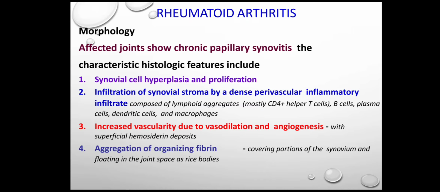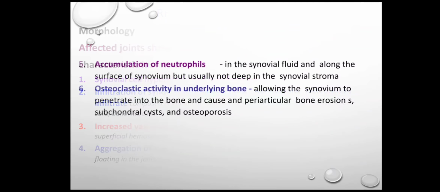Activated B cells, plasma cells, dendritic cells, macrophages. Third is increased vascularity due to vasodilatation and angiogenesis with superficial hemosiderin deposits. Fourth will be aggregation of organizing fibrin covering portions of synovium. So this will be leading to pannus formation.